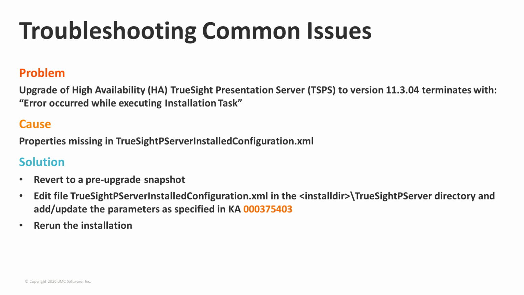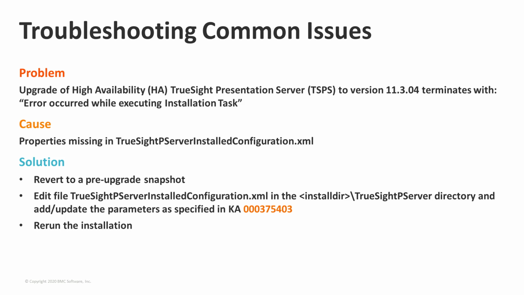While upgrading the TSPS and HA to 11.3.04 version, if you get an error saying "error occurred while executing installation task", then this is caused due to some missing parameters in the TrueSight P server installed configuration XML file.